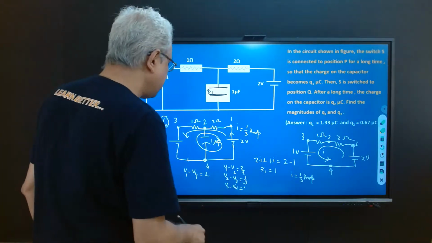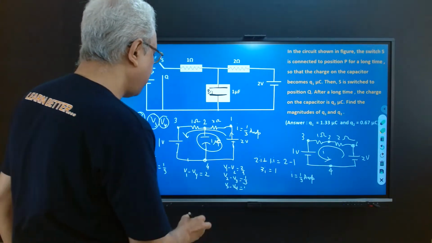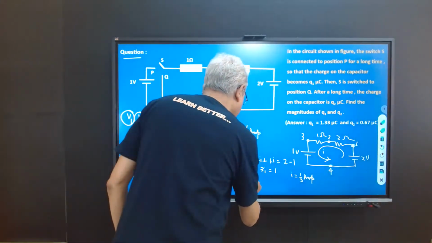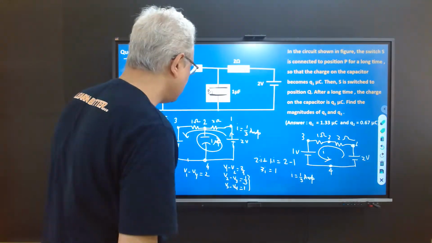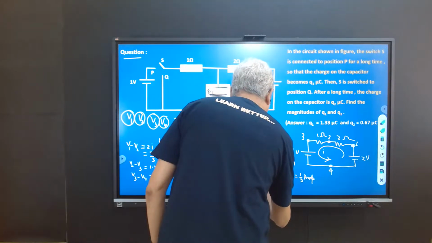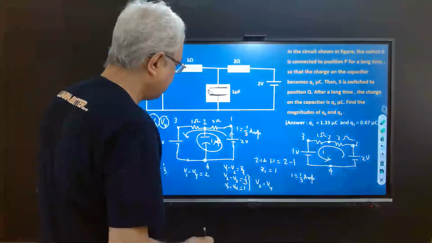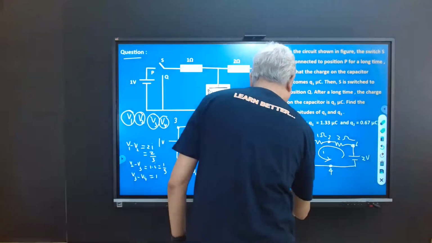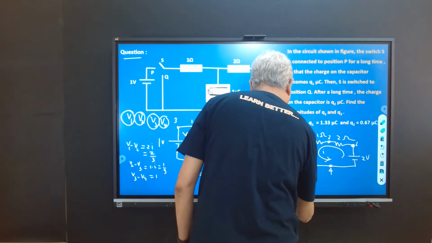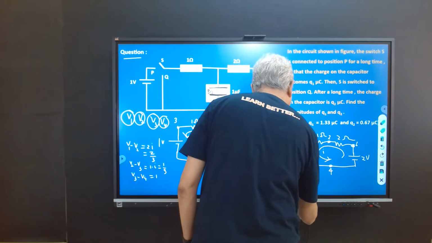So what is V2 minus V4? If I add these two equations, V2 minus V4 becomes 1 plus 1/3, which is 4/3.